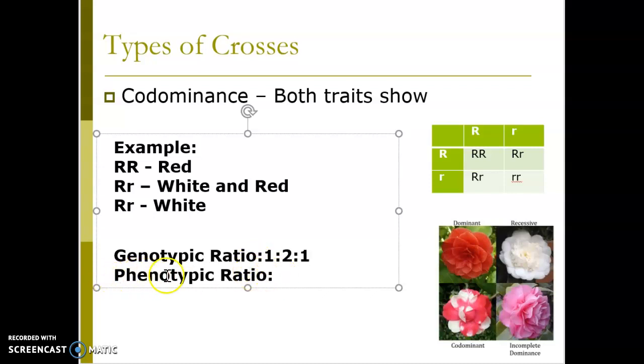Now, phenotypic is dependent on what they look like, so again, we follow this pattern. How many of my babies are red? 1. How many of them are red and white? 2. And how many are white? 1. So once again, these ratios will be the same, okay? So they're different than complete dominance. They're always going to be the same in both incomplete and codominance.